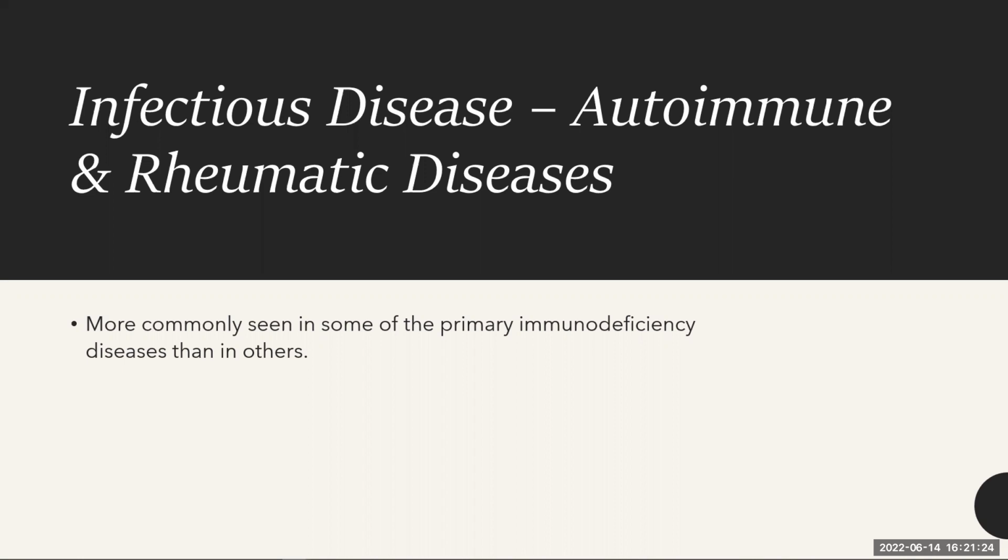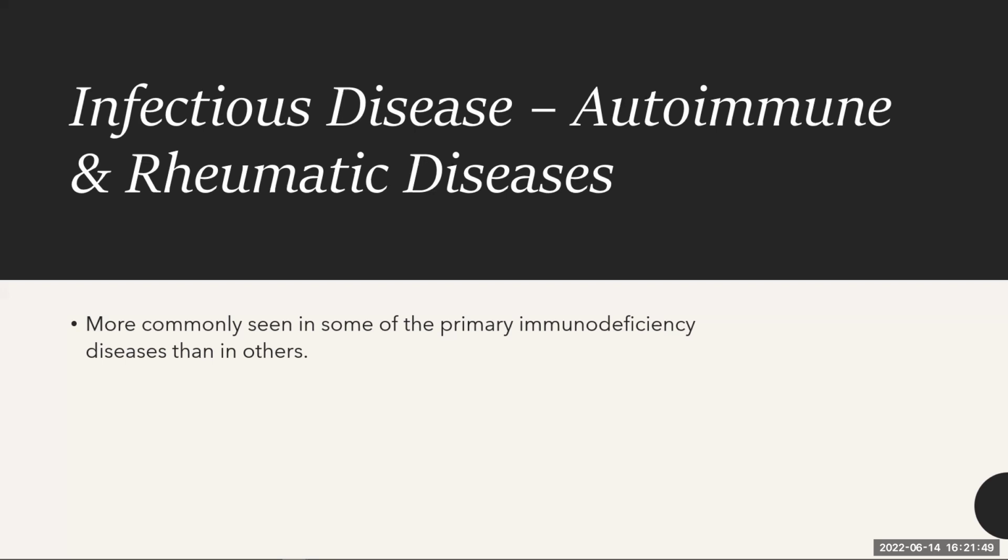There's more patients in some more than others. Some of these diseases include rheumatoid arthritis, systemic lupus, and or dermatomyositis. All right, so these are three characteristic diseases which are often seen with primary autoimmune disease.